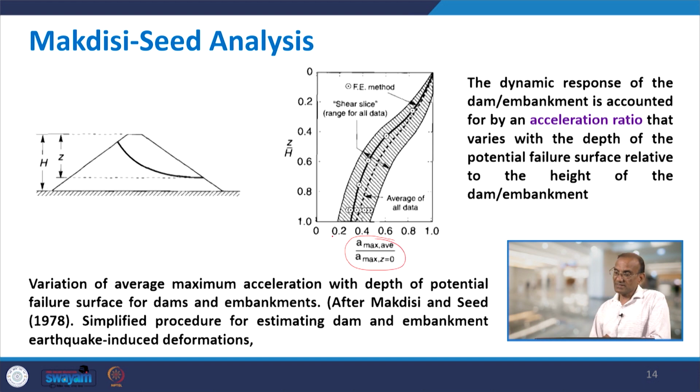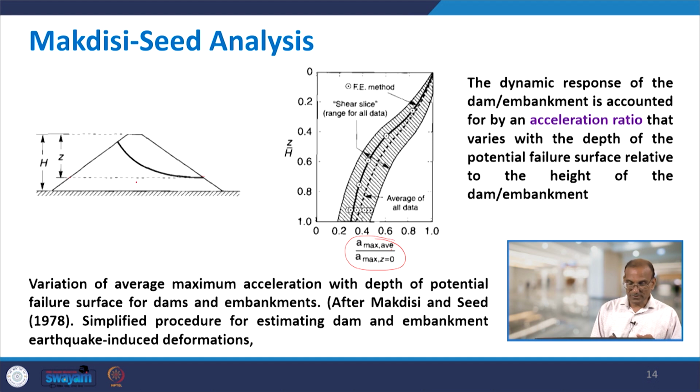This acceleration ratio varies with depth, it is not constant with depth. For example, Amax by average is the value at some depth z. Let us say we have this line here, and on this line at this point z, at this depth, you have the value of acceleration.